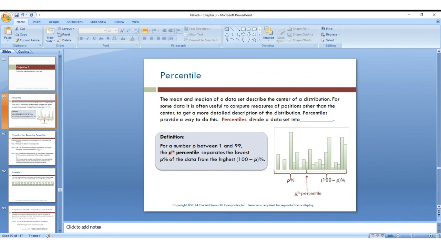In other words, there's 100 pieces. A percentile is sort of like a penny as compared to a dollar. Pennies are percentiles essentially for dollars. There's 100 of them in a dollar. So percentiles are just percents.